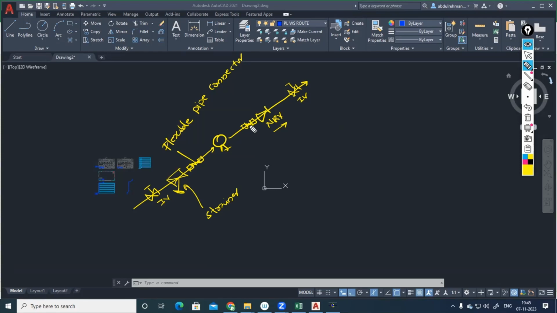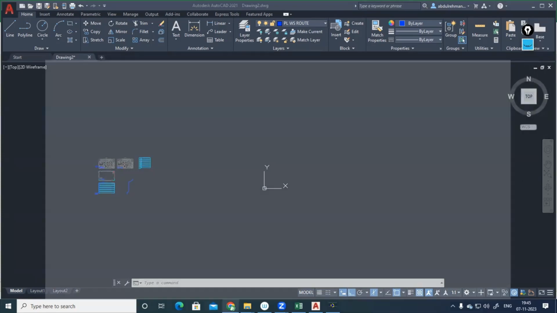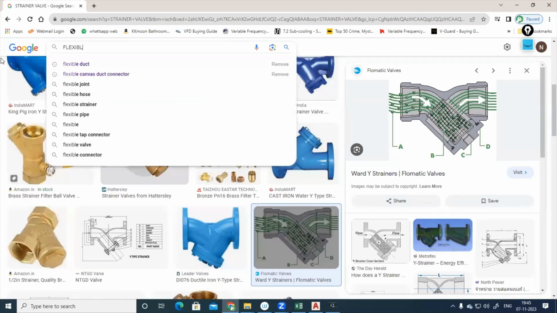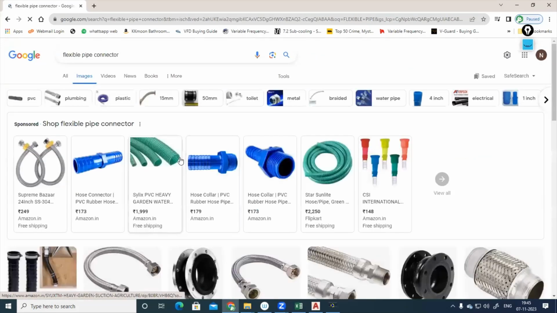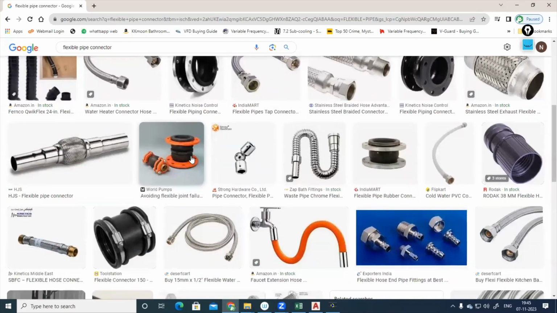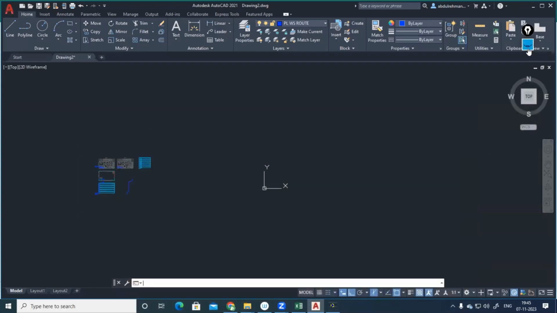So if you want to connect that properly, you need some allowance, which means flexibility should be there, no? That's one reason. The second one: when the pump is working, the vibrations should not transfer to the pipe. For that also we will be using this flexible pipe connector. Rubber only or neoprene. Flexible pipe connector, this one. But the fittings loss of this one is negligible. You don't want to consider that. Okay. This is to isolate vibration.